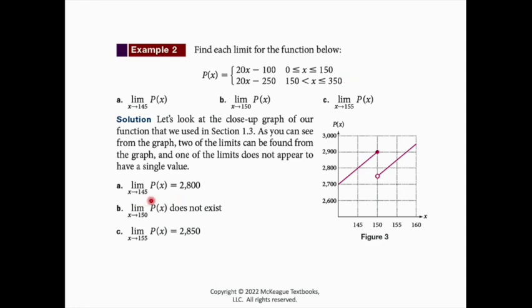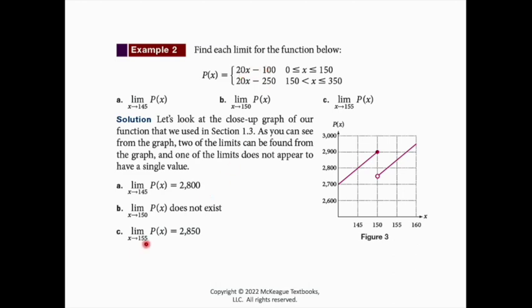If the value that we're approaching lies on this piece here, this is the piece that represents the function on the domain from 0 to 150. So that means I want to plug it into this right here. So I would plug in 145 here, take it times 20, and then subtract 100.